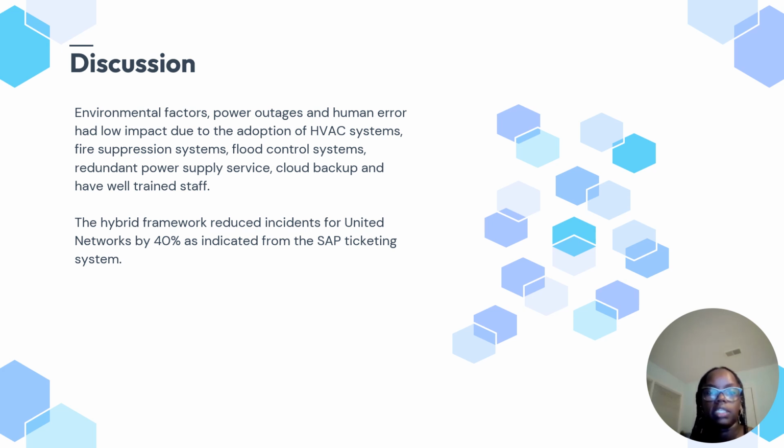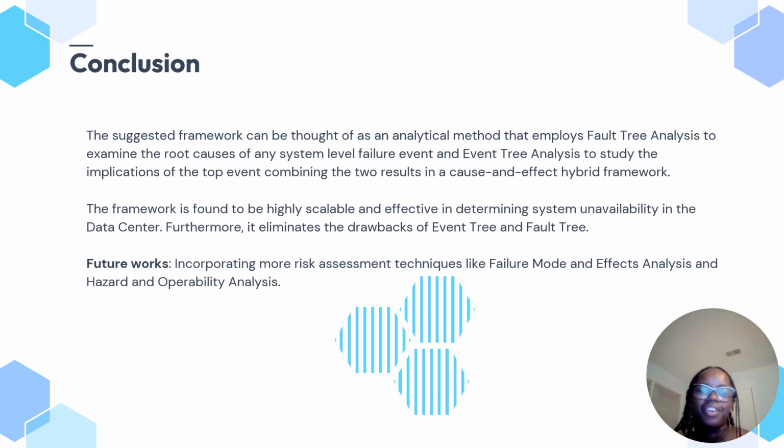In conclusion, the hybrid framework can be thought of as an analytical method that applies the fault tree analysis to examine the root cause and the event tree to study the implication of the system unavailability. And then the two result in a cause and effect hybrid framework.